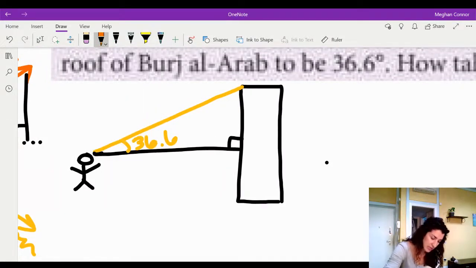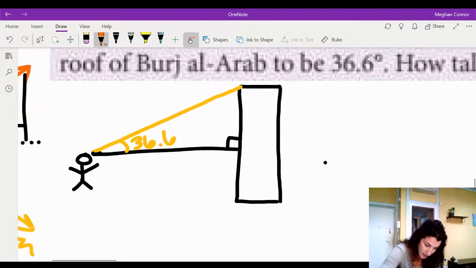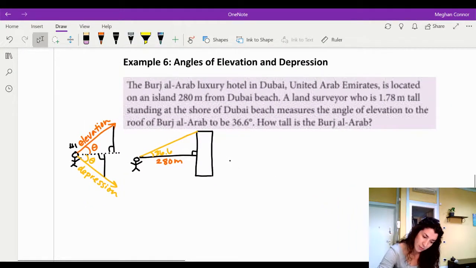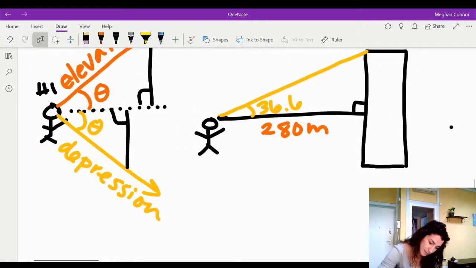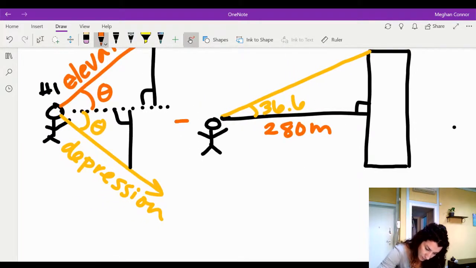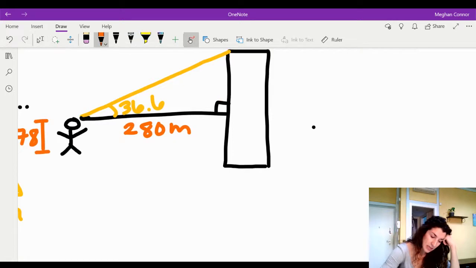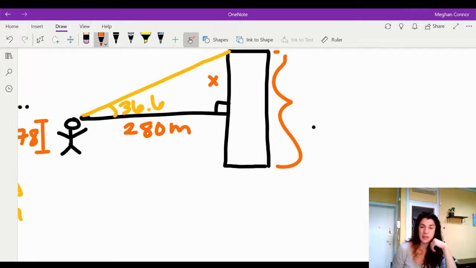So I'm going to go ahead and represent that in my right triangle. This is 280 meters. And then it says that that person is 1.78 meters tall. Now we want to solve for the height of the hotel. And the height of the hotel is this whole height right here. But my right triangle only encompasses this length of x.